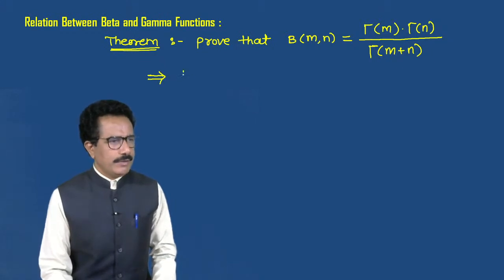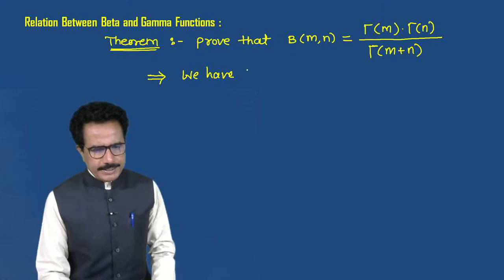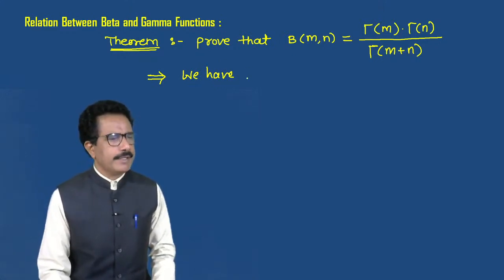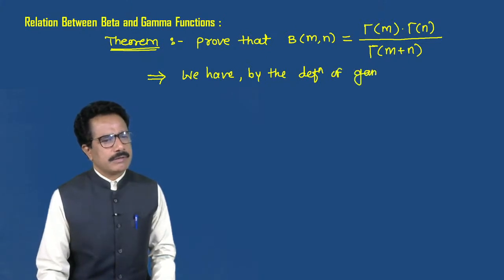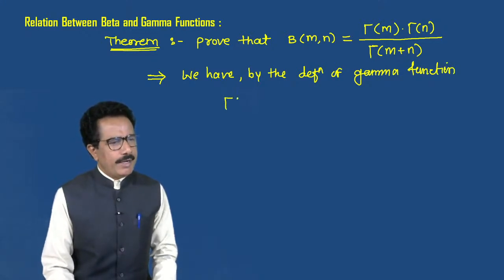See this. We have beta of m comma n, so we have to prove this relation. We have, by the definition of a gamma function, gamma of n.